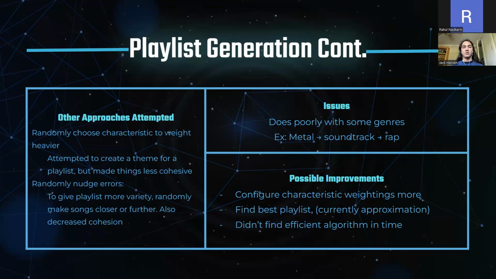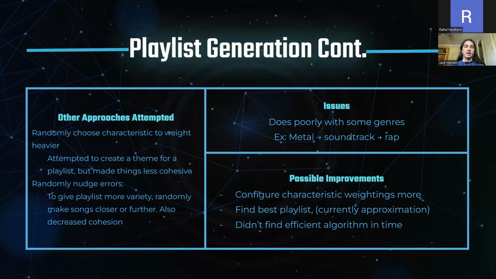So some of the issues with it are that most of the time it's pretty good, but sometimes it fails, and when it fails, it fails pretty big. As you can see from the example, I don't think most people would put these 3 genres right next to each other in a playlist. And then possible improvements would be just continue to tweak the weightings for each characteristic, because I did that manually and I was never fully happy with it, partly because I got tired of listening to randomly generated songs.